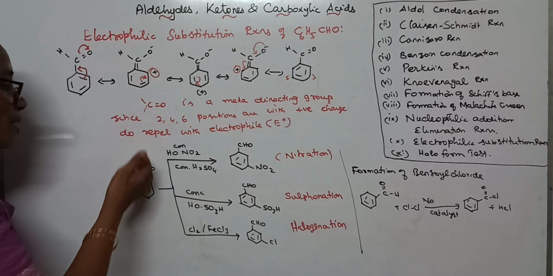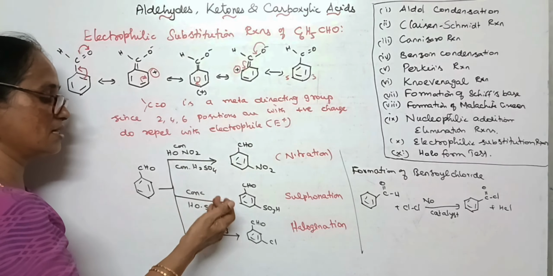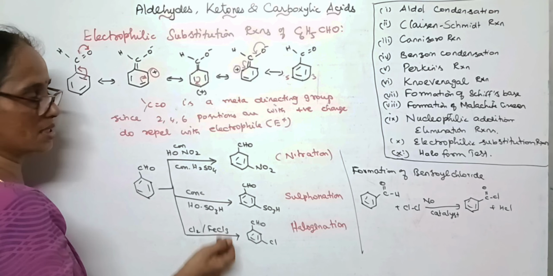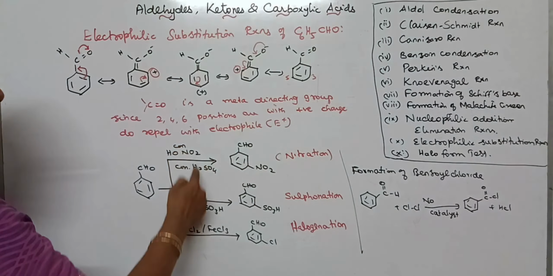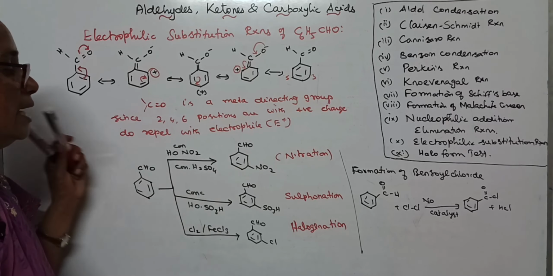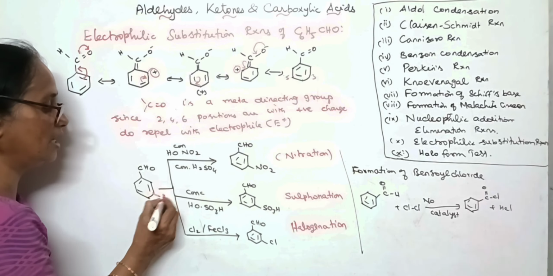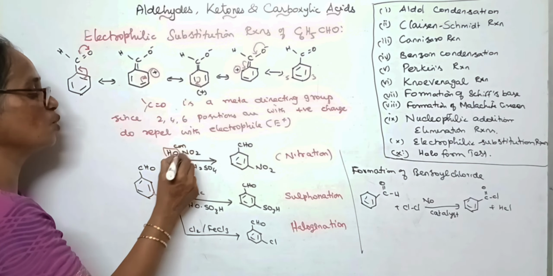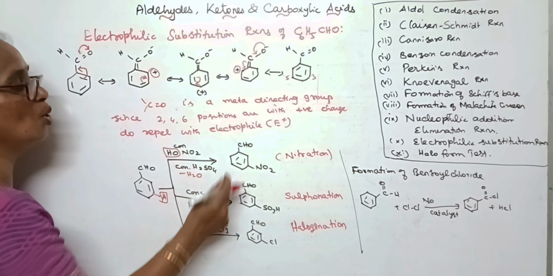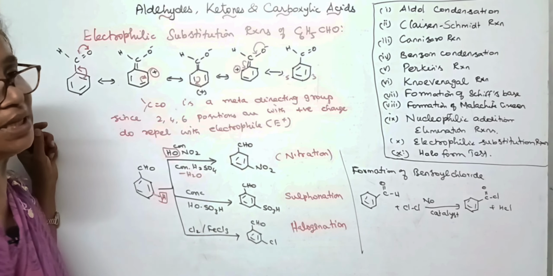So in benzaldehyde you can have nitration, sulfonation, even halogenation. During nitration we have to take the nitrating mixture, concentrated nitric acid and concentrated sulfuric acid. So this meta hydrogen with this OH, minus H2O, we are getting meta-nitrobenzaldehyde.